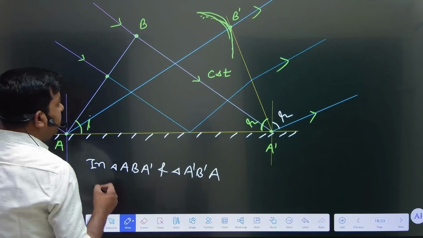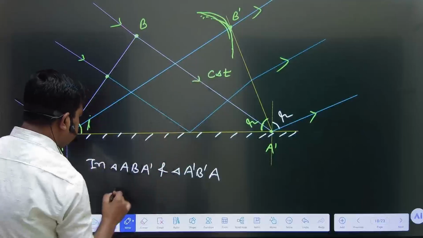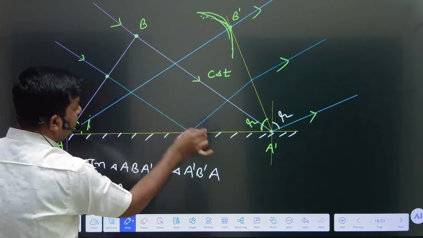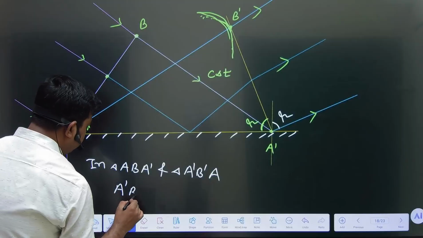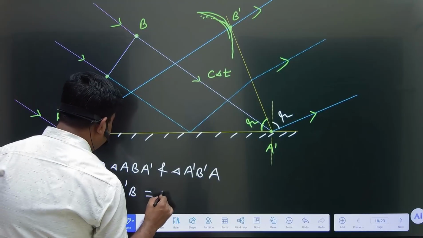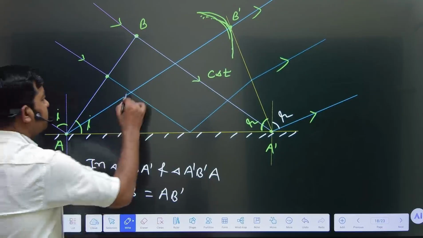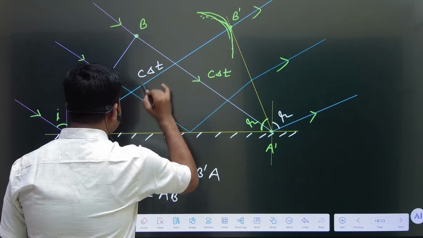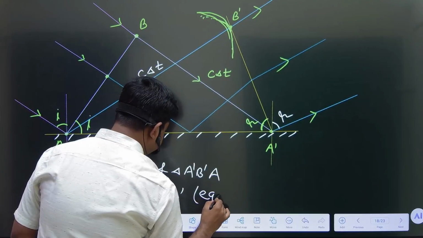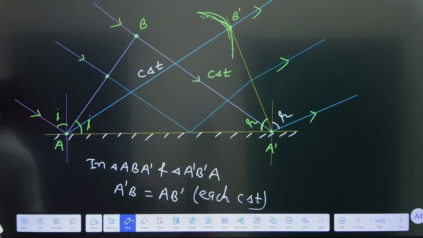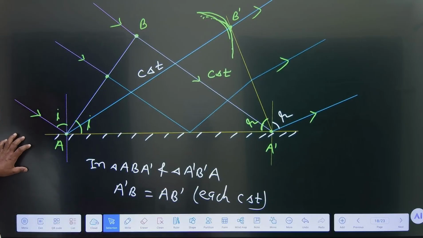First of all, we can say that A dash B is equal to A B dash. Why are these equal? Because each is C delta T. Each distance is C delta T. Clear to you?